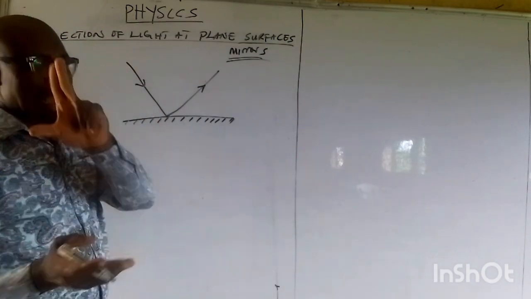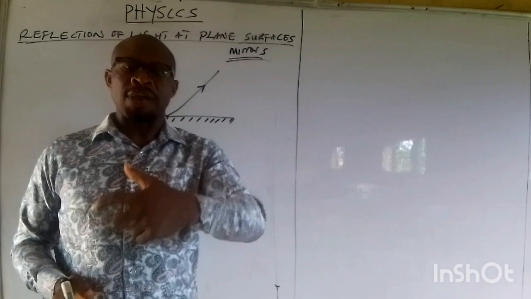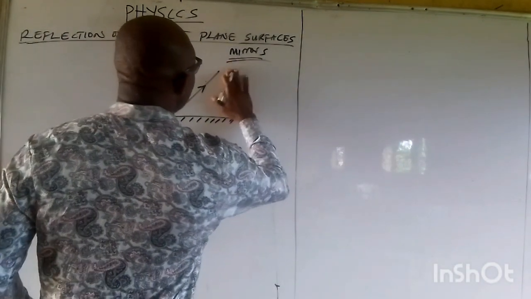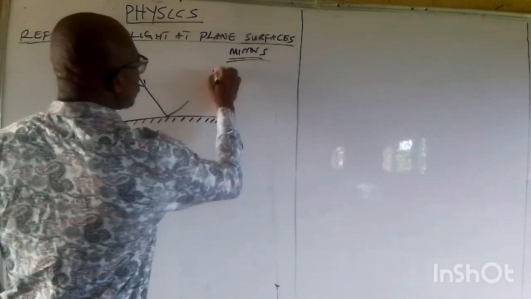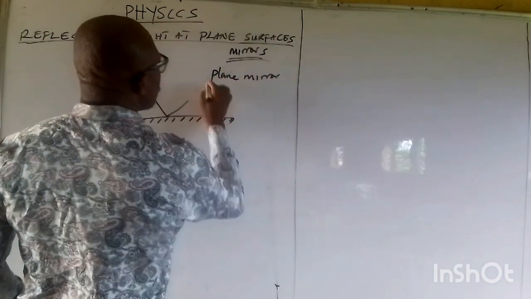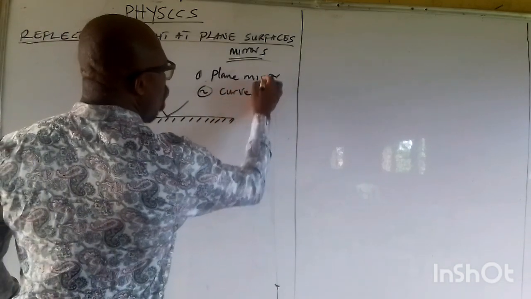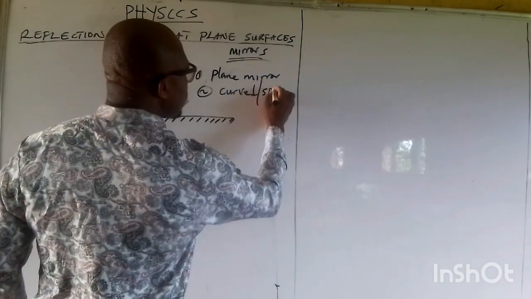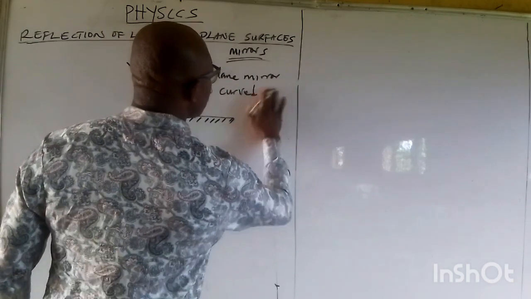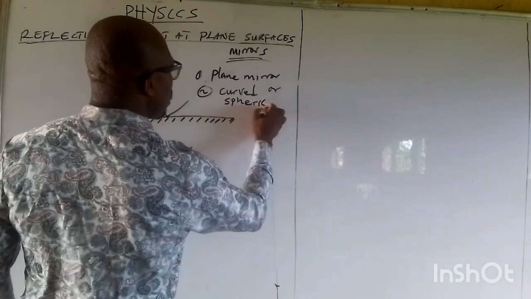There are two types of mirrors: number one, the plane mirror, and number two, the curved, otherwise known as spherical mirror.